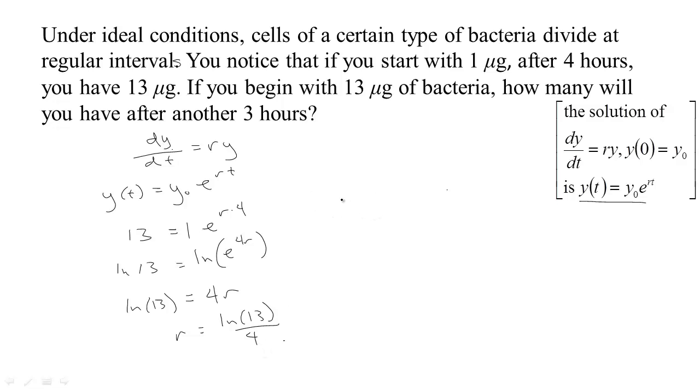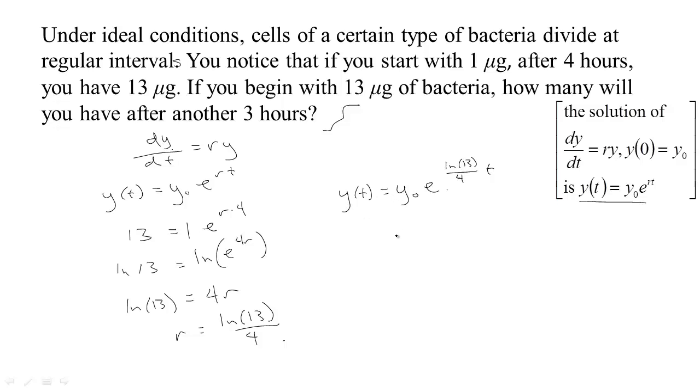So our model is that the amount we have at any future time will be the amount we start with times e to the (natural log of 13 over 4) times t. Now we can answer the question.